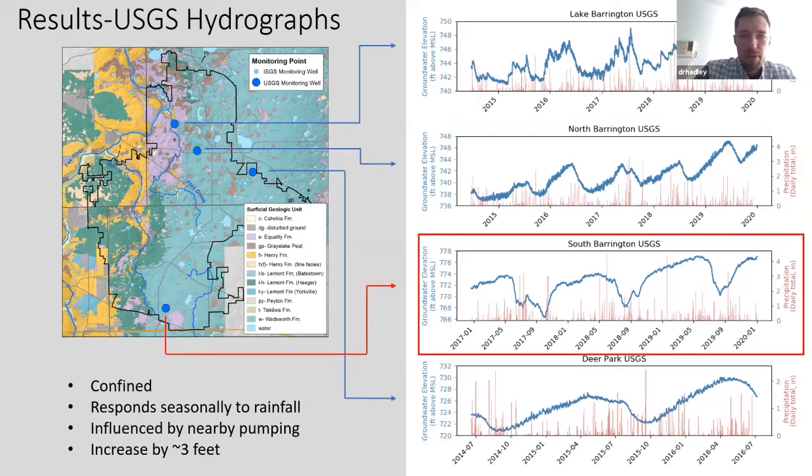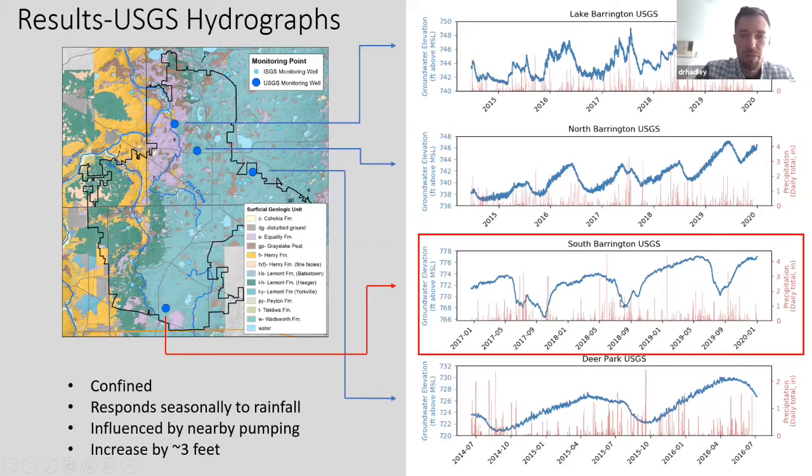And at South Barrington, this is more of a confined aquifer response. So it's covered more by glacial material. There's less direct recharge to it, but there's some kind of influence of a pumping well here.